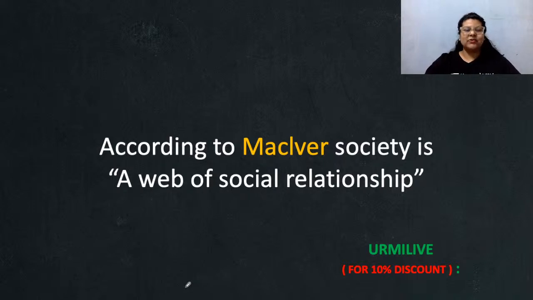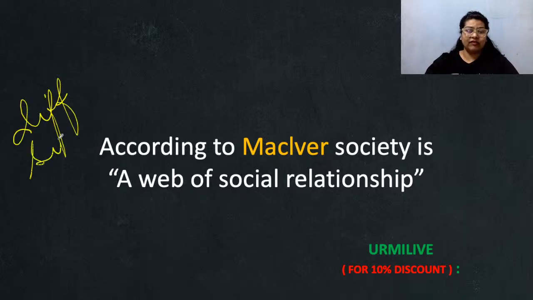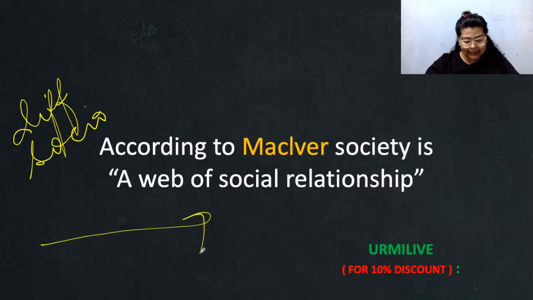Okay, all right, super. So, now according to MacIver, society is a web of social relationship. Please remember, whenever I'm using such definitions, it is because different sociologists have given different definitions and different opinions, so it is for your interest to understand at least one of them.